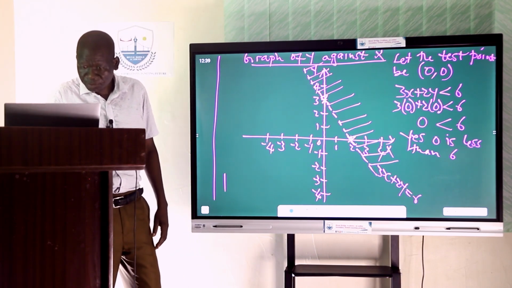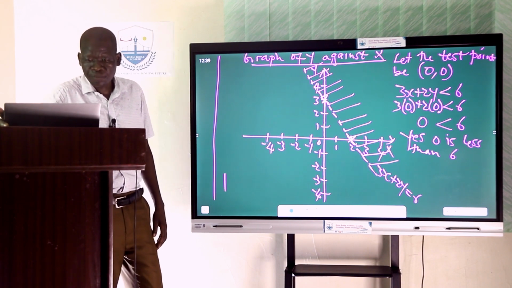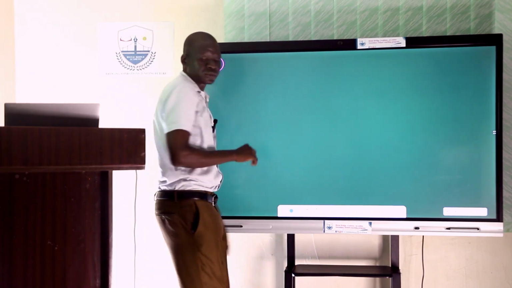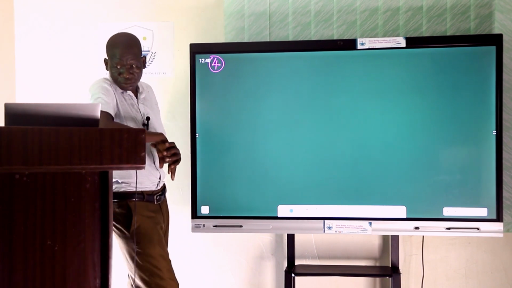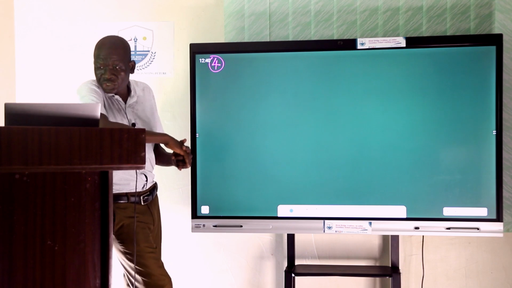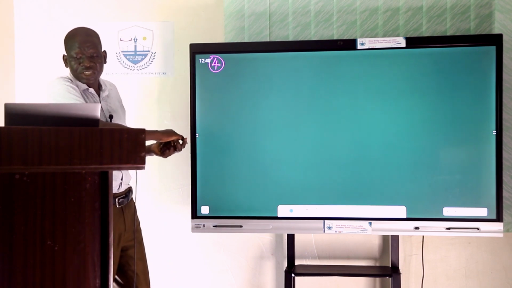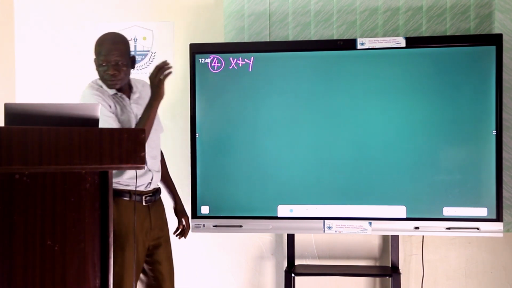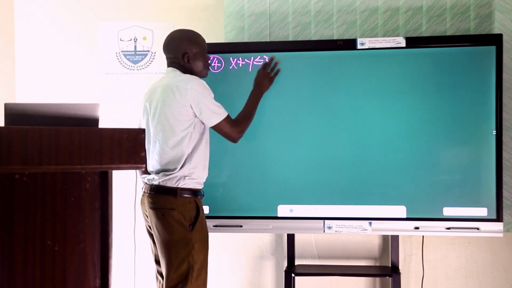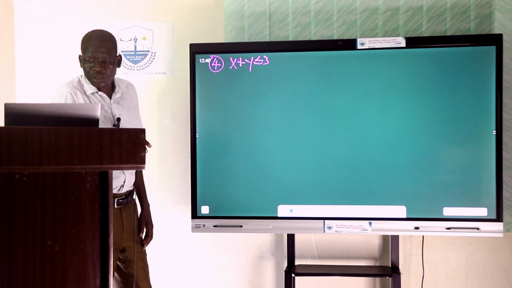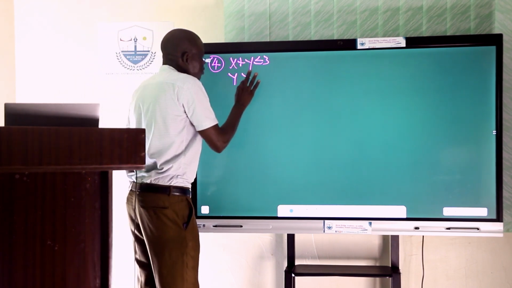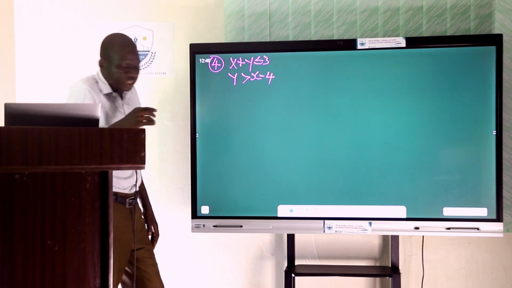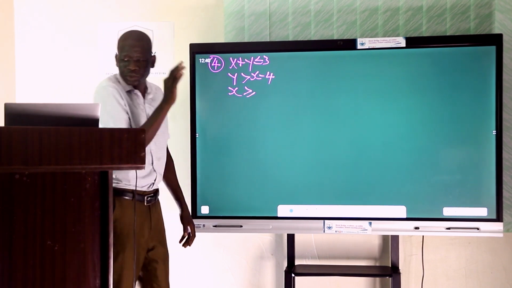Next. Number 4 says, by shading the unwanted regions, show the region which satisfies the following inequalities. x plus y is less or equal to 3. y is greater than x minus 4. x is greater or equal to 0.